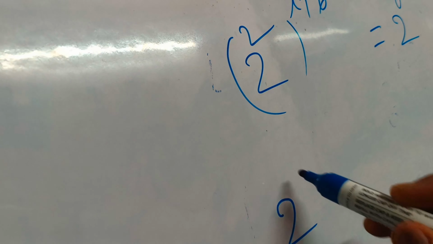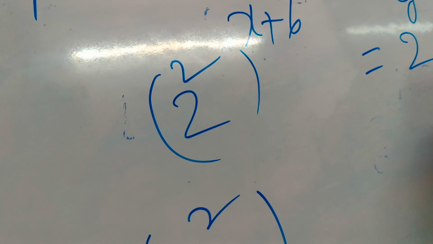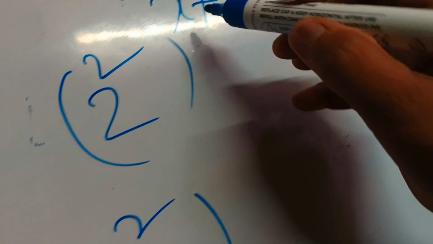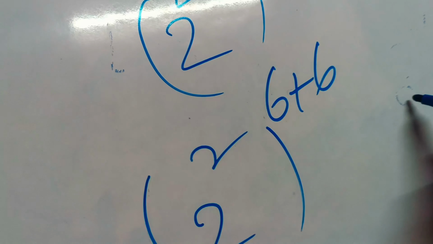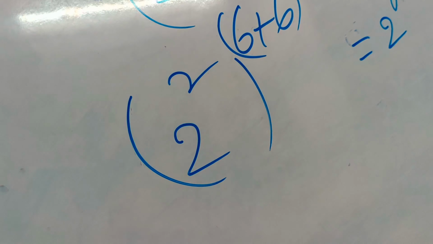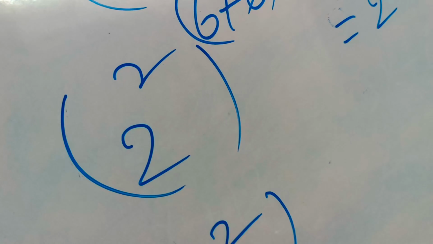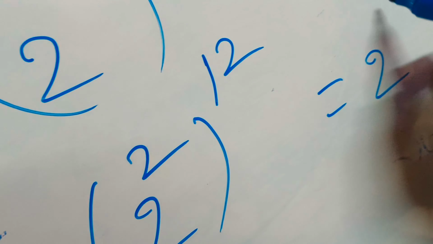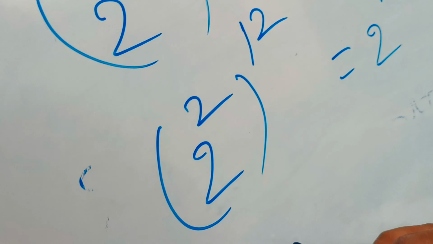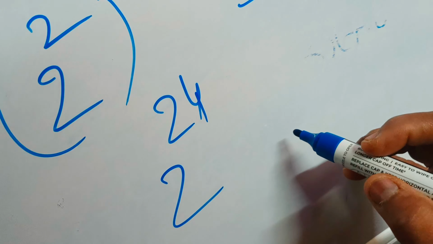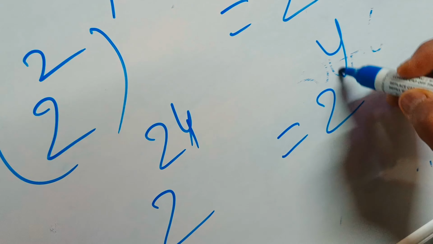Next, x value is equal to 6, so 6 plus 6 is equal to 2 power y. 2 square to the power of 6 plus 6, 12, is equal to 2 power y. 2 into 12 is equal to 24, is equal to 2 power y.